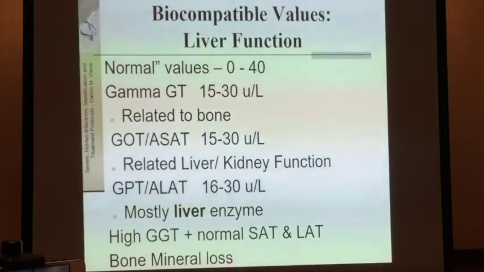Now, if your enzymes show up and you have a high GGT and you have a normal AST and a normal ALT, you're losing bone. And I'm going to show you how to evaluate how much bone is being lost. So anything that you're doing with this patient, whether it be an implant, they're going to be at very, very high risk that this implant fails.